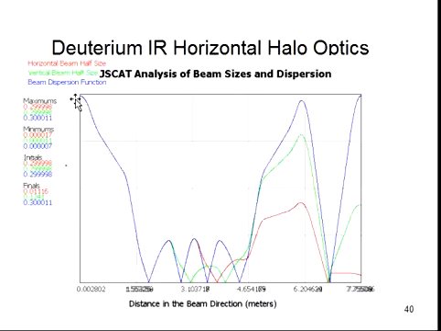trajectories. The blue trace shows the core deuterium horizontal optics. The green trace shows the halo optics produced by the beam from the first large beam size within the interaction region until the beam gets to the first interaction waist.